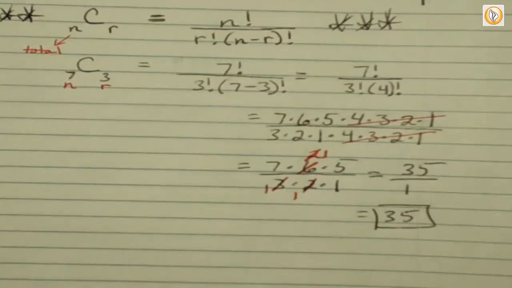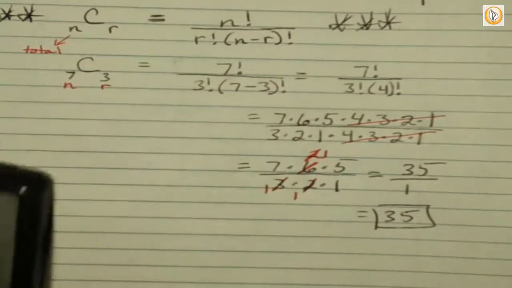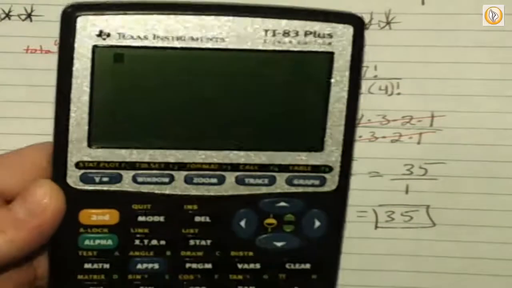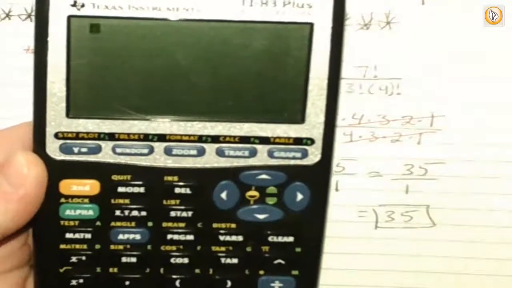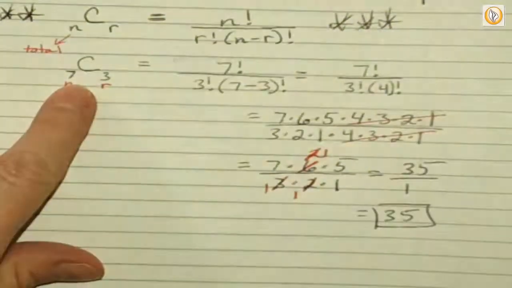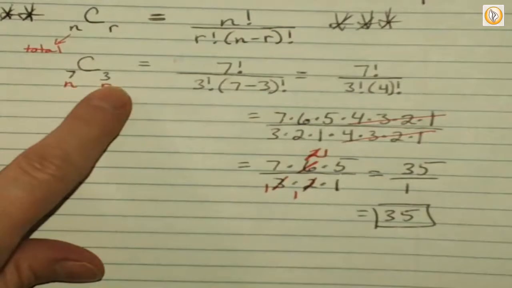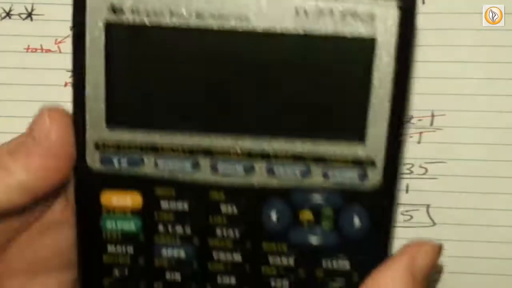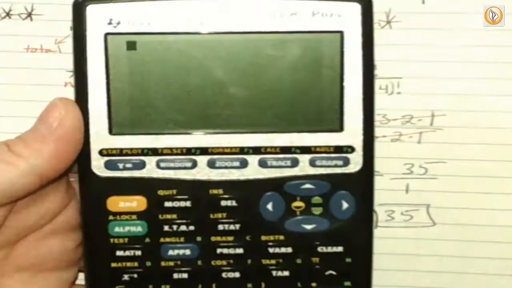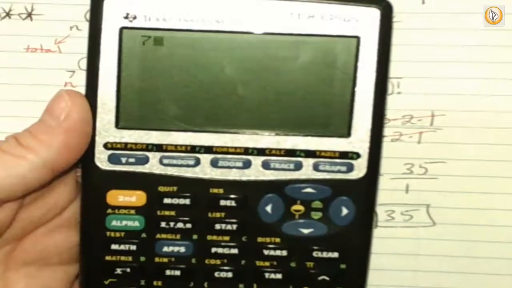But y'all understand. Okay, so let me show you on the calculator. All right, so it's 7, C, and 3. So I'm going to do my 7 first because it's listed first.